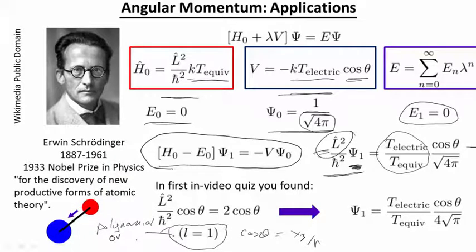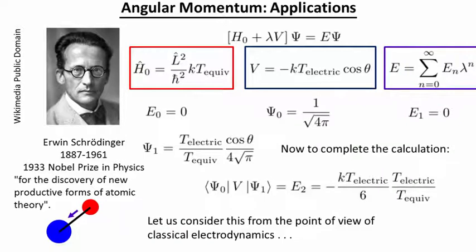So then it follows that the first order wave function is of this form. So you see, in this case, the understanding of angular momentum enables us to solve the first order equation in a relatively straightforward way. Okay, so we've solved for the first order wave function, and we can now compute the second order energy by this simple formula.